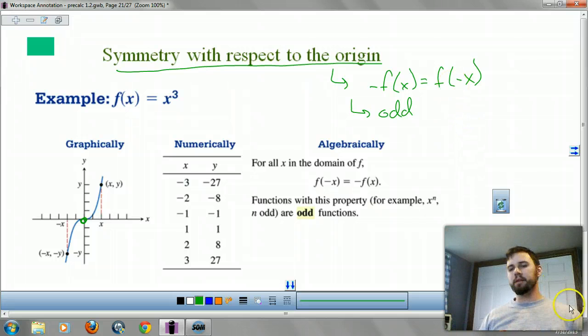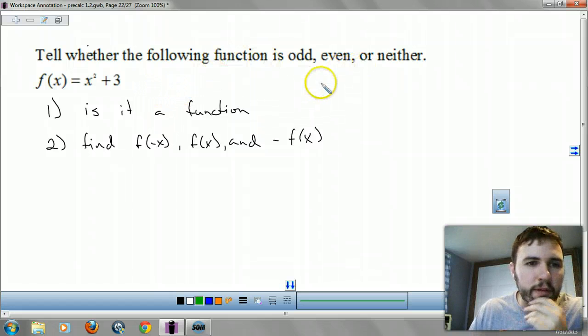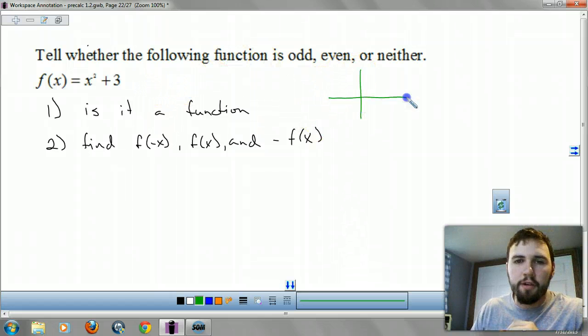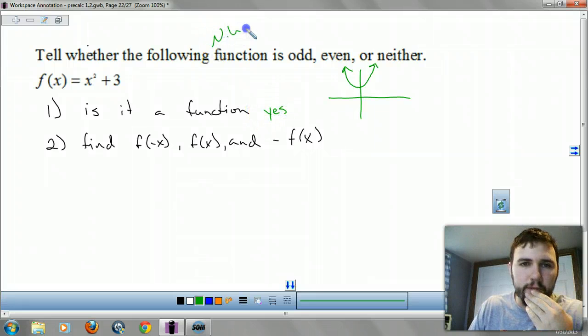Okay? Let's do this. Okay. Tell whether this is odd, even, or neither. x squared plus 3. Well, if you graph that, it looks like this. So yes, it is a function. Noteworthy stuff, guys.